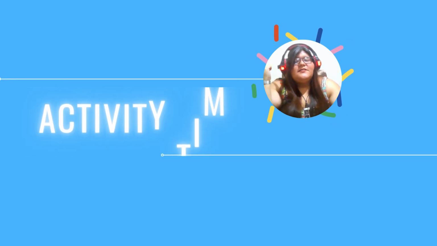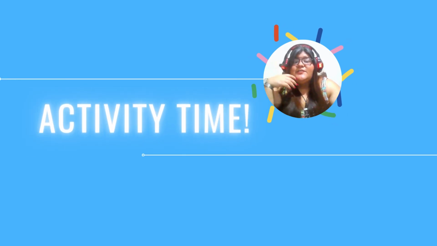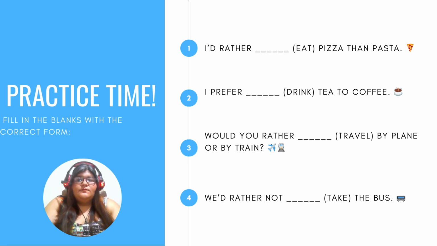So now, guys, it's time to make an activity time. Don't be afraid. I'm 100% sure that you already know the answers. The practice time says fill in the blanks with the correct form. I'd rather eat pizza than pasta. I prefer drink tea to coffee. Would you rather travel by plane or by train?